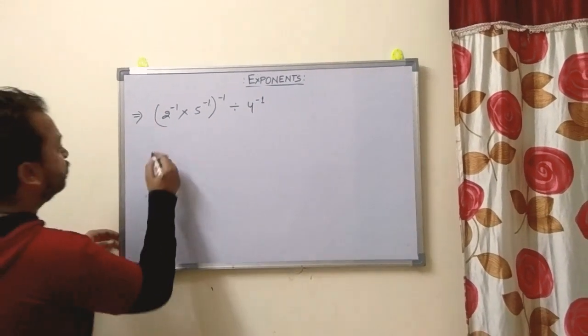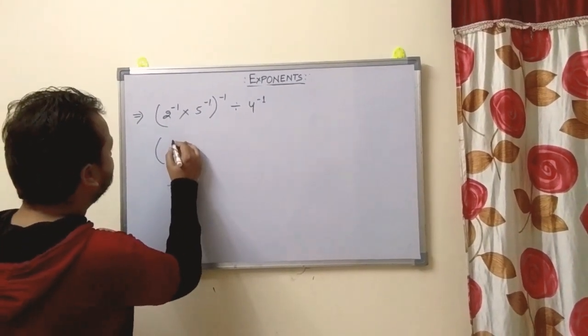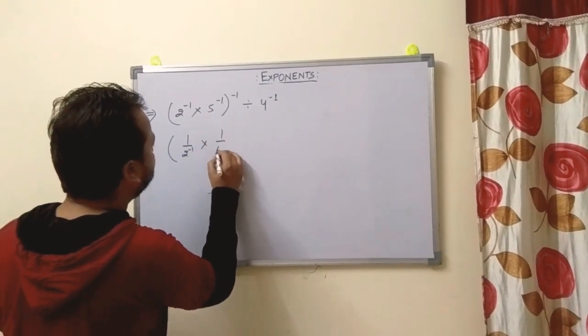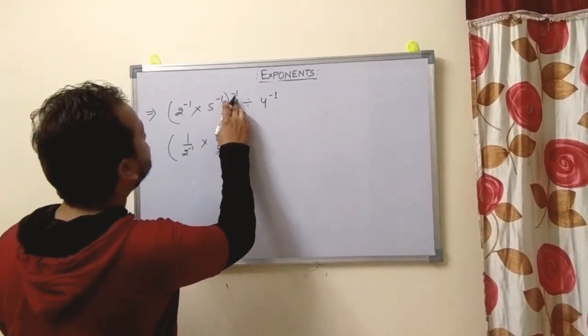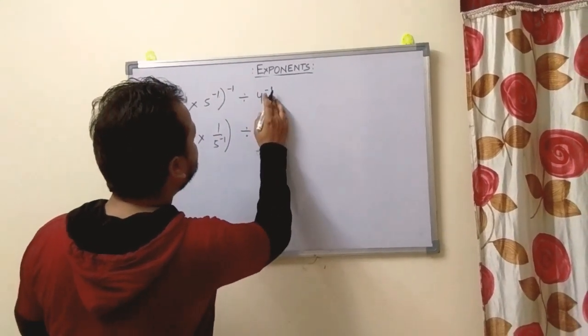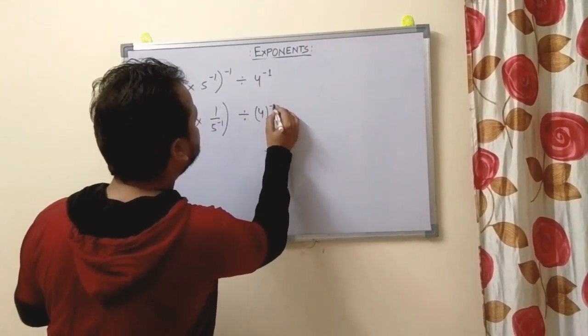So now we are taking the reciprocal, so 1 by 2 power minus 1 multiplied by 1 by 5 power minus 1, because whole power is minus 1, which is divided by 4 power minus 1.